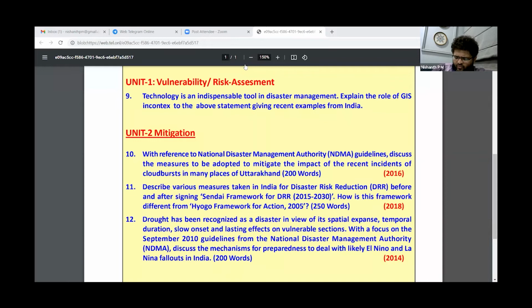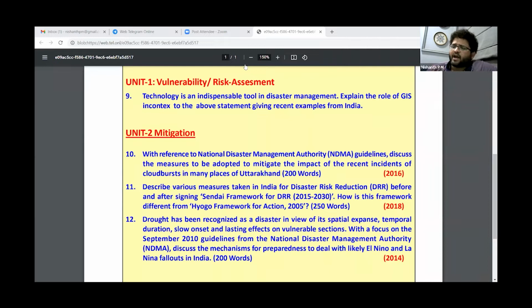You know how the implementation of the early warning system is now in place, and how people are now clear about encroachment not being the solution for development. All these are the awareness generation which the government has done post the Uttarakhand disaster. And then you can conclude by saying, due to the vagaries of climate change, cloudbursts are going to be a recurring phenomenon.